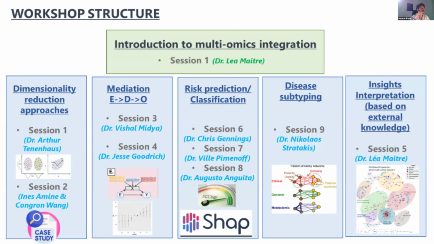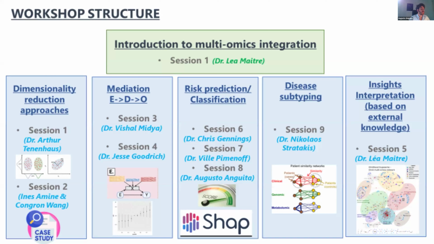Dr. Arthur Tenenhaus will present an overview of different dimensionality reduction methods, presenting the basic concepts, also the different types of methods that can deal with either 2 layers of data or more layers of data, and some particularities. This is an introductory session to dimensionality reduction, which is basically the most often used approach for integration.